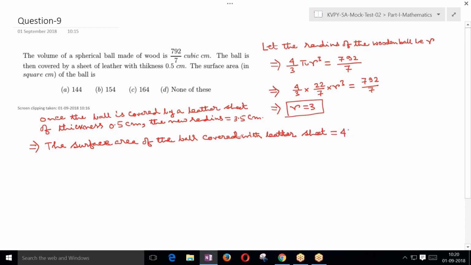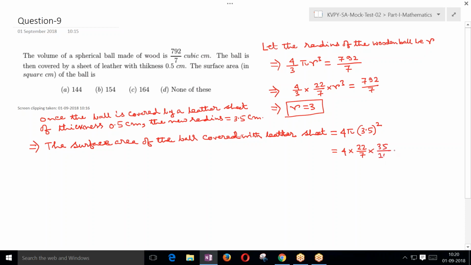We know the surface area is 4 pi into r square. R square here is 3.5 whole square. So let's simplify. 4 into pi is 22/7, into 3.5 whole square means what?